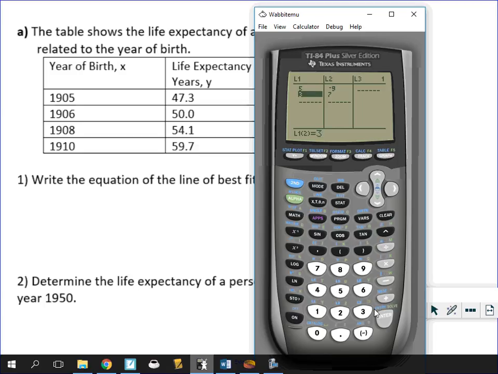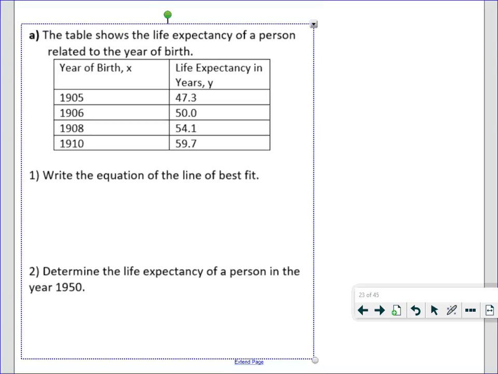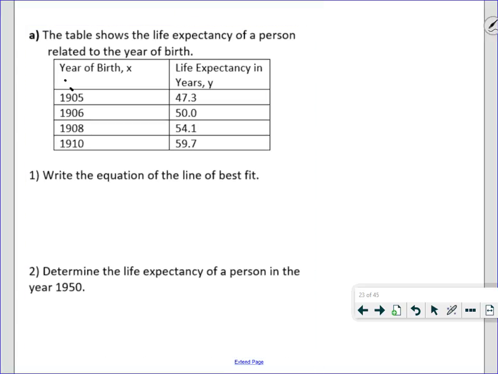So I'm going to do 5, 6, 8, and 10 instead of 1905, 1906, 1908, and 1910. And I'm going to label this, instead of x, as years since 1900. And I'll show you why that is in a second.